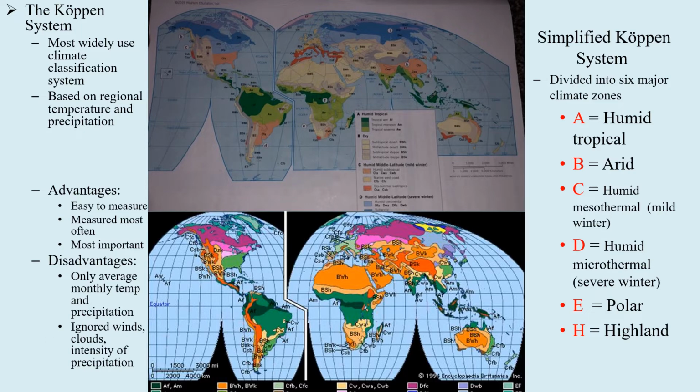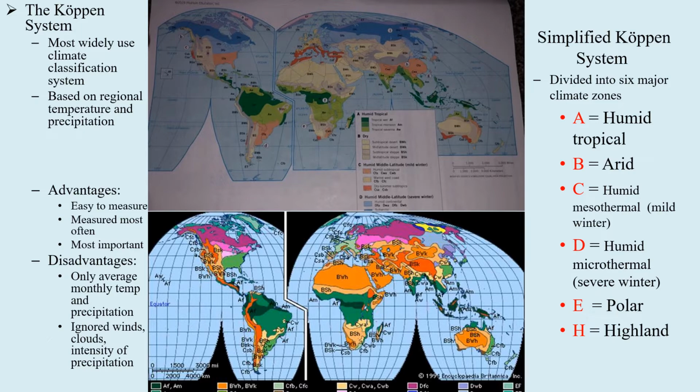The Köppen climate classification has advantages and disadvantages, so make sure that you understand that. The advantage is that it's easy to measure. The disadvantage is that other types of atmospheric variables were not considered here. But what is the basis? The regional temperature and precipitation are the main basis for the Köppen climate classification.